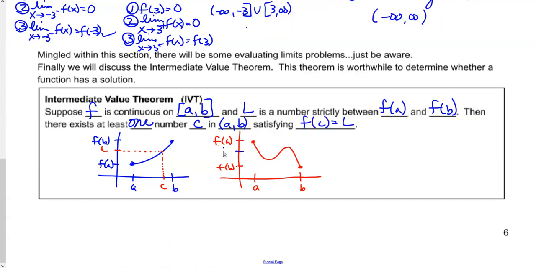I'm going to choose it right here that I can guarantee as long as L is between f of A and f of B, this theorem tells me that I can go across here and determine that there are a C value or at least one number.